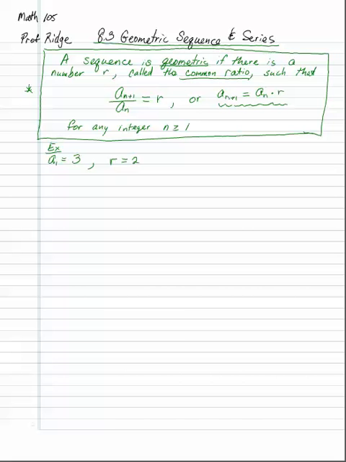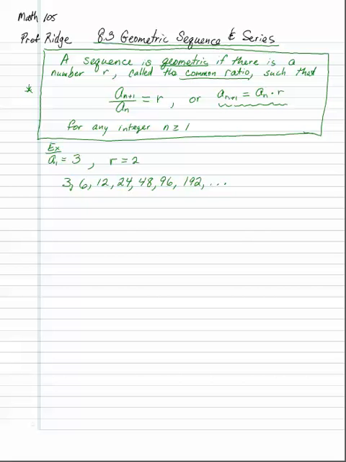So a sub 1 will be 3, and then a sub 2 will be 3 times 2, which is 6, times 2 would be 12, times 2 would be 24, times 2 would be 48, times 2 is 96, times 2 would be 192, and so on. Okay, so this would be a geometric sequence.